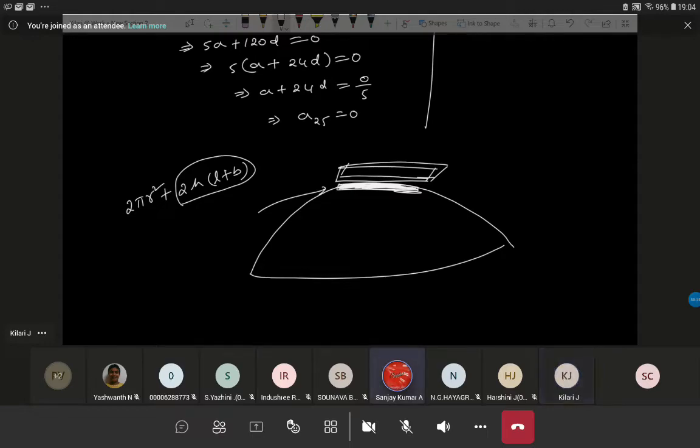Can you please speak? When you compare your answer with the key, which one gives more value? The answer given in the answer key is more. It's given as CSA of hemisphere plus TSA of cuboid, and then they subtracted the base areas.